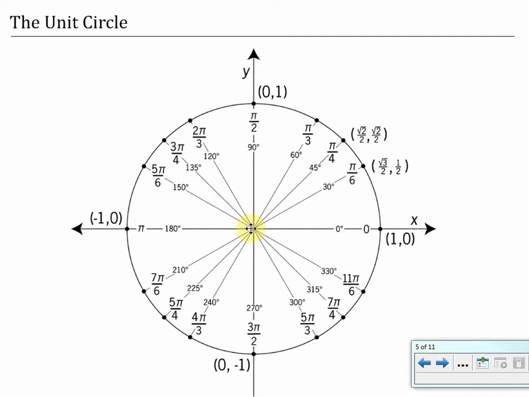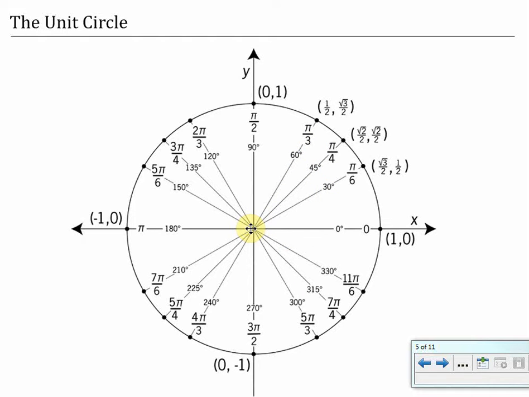And now I can do the same thing again at 60 degrees, or pi over 3, draw my height. This is another iteration of the 30, 60, 90, except it's kind of turned a different way. Still my radius is 1, which makes this x 1/2, because that's the side across from my 30. And then my height would be radical 3 over 2. So that's my point here at pi over 3, sorry, 60 degrees.